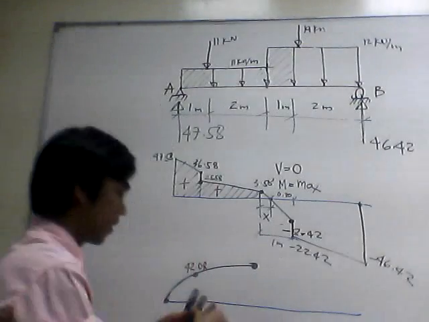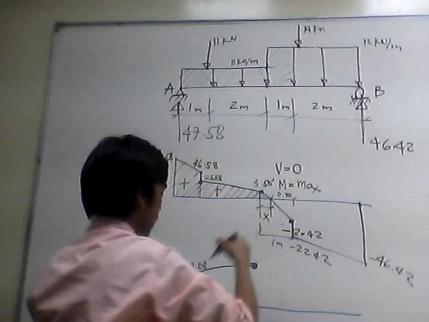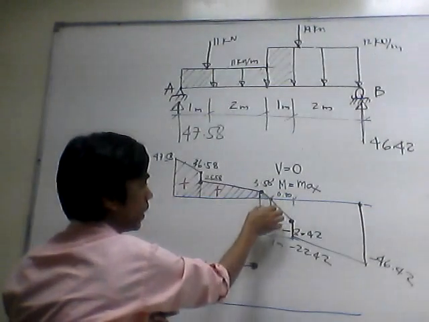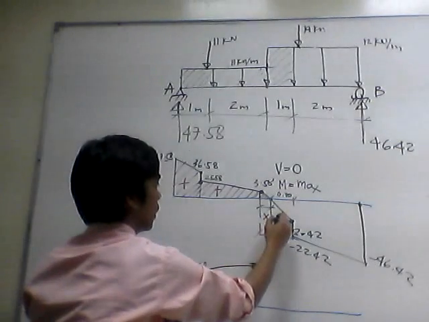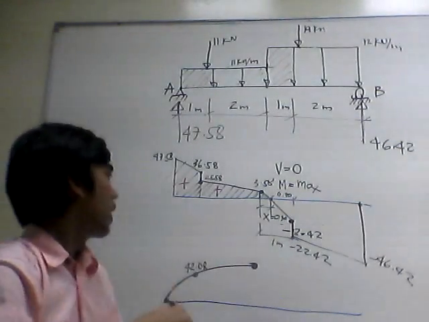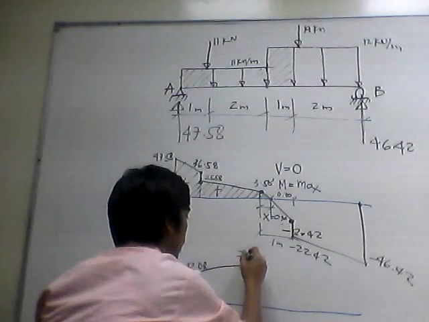So another area of positive here, small positive area here, we have 3.58 multiplied by 0.30 divided by 2 plus this 71.24 here.